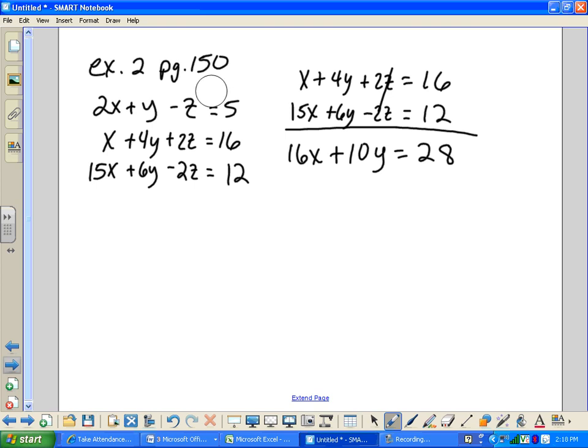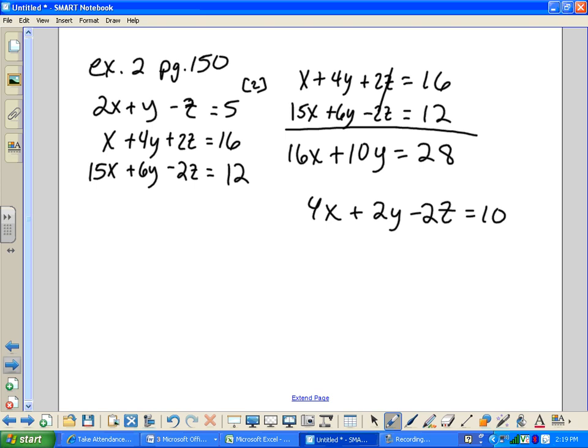All right, so let me show that here. I'm going to take this equation, multiply that one by 2. All right, so I'm going to write it over here to the side. I'm going to have 4x now plus 2y minus 2z equals 10.